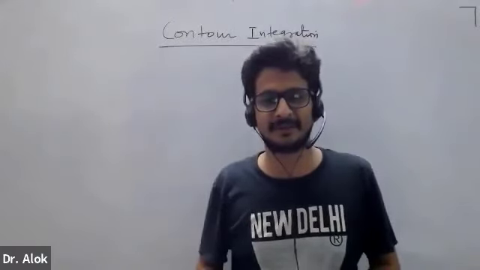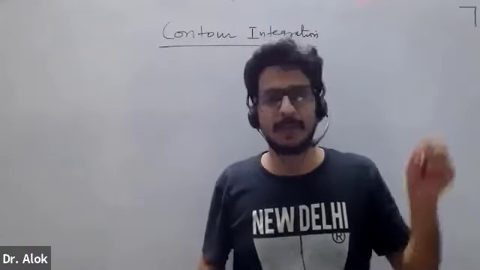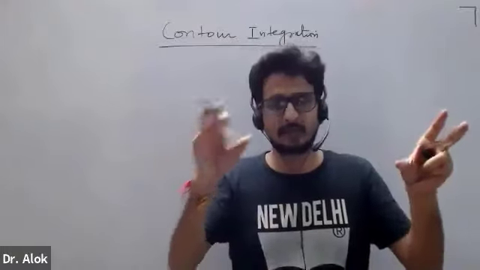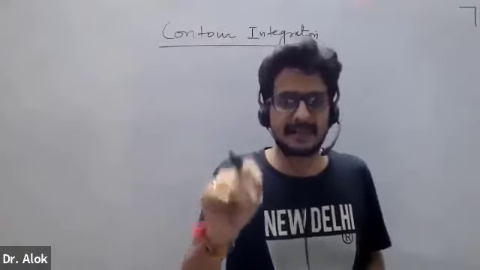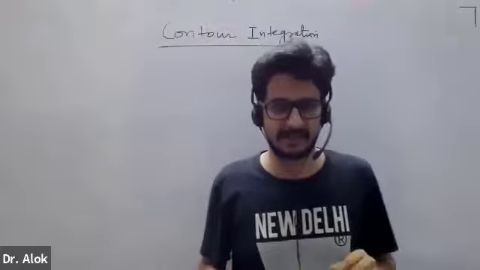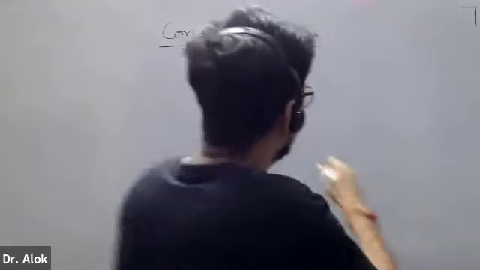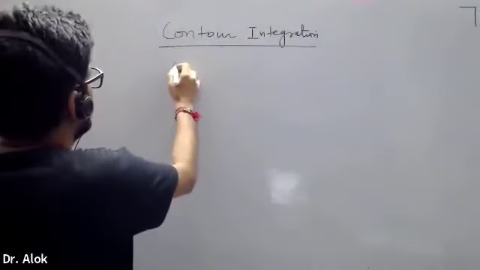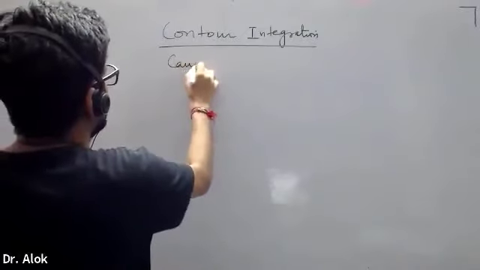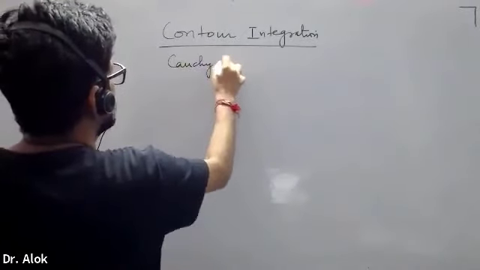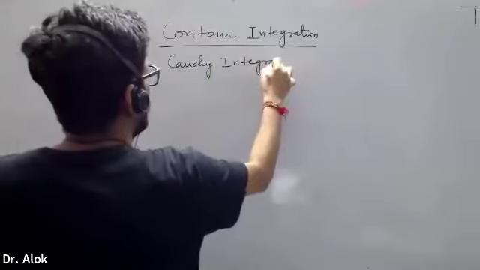Yes or no? Yes. So we discussed that the Laurent series coefficient, when we put n is equal to 1, that gives you an integration, and that formula is known as Cauchy integral formula.